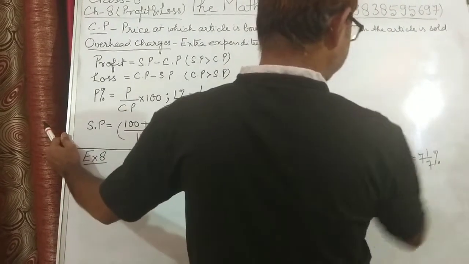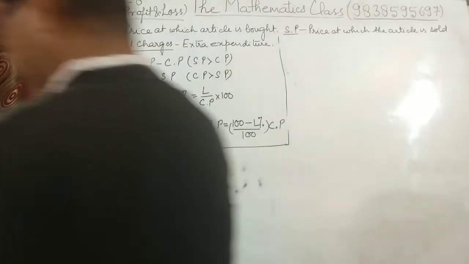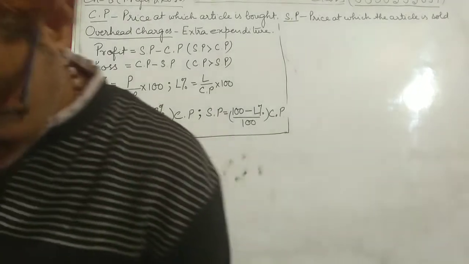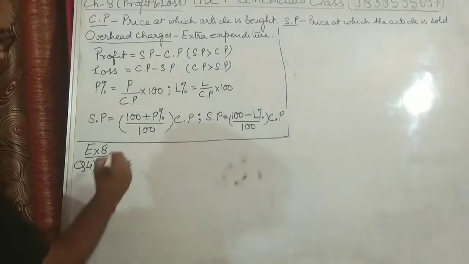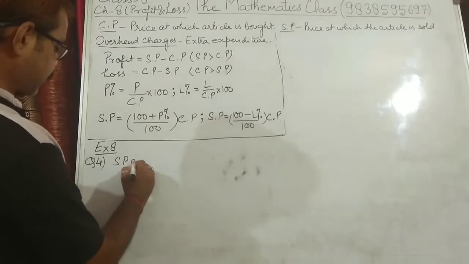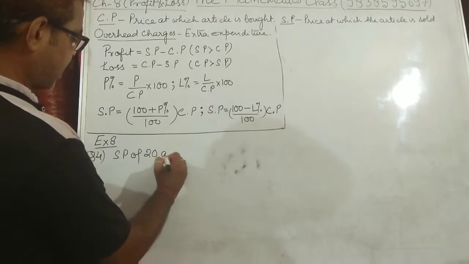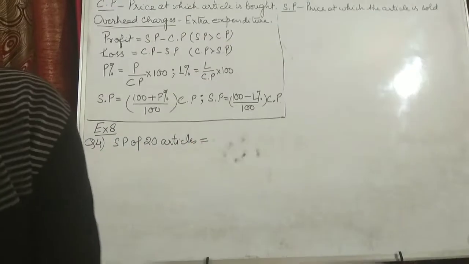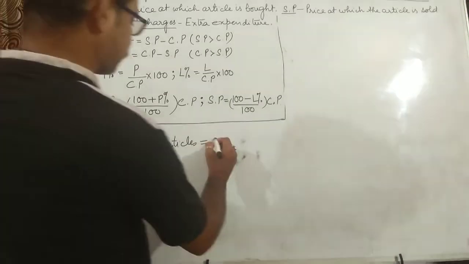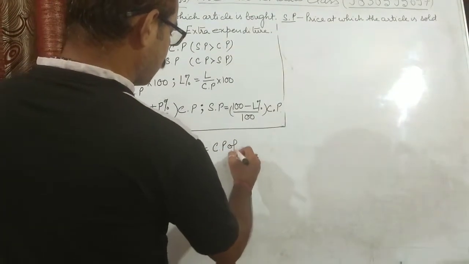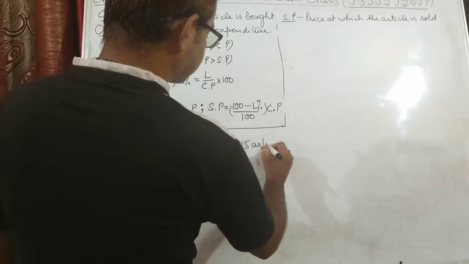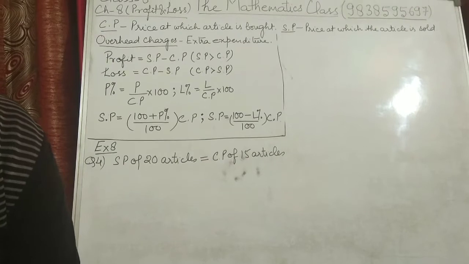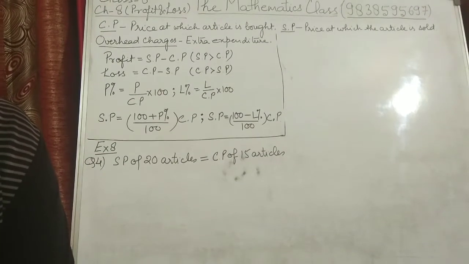Now question number 4. What is that? If selling price of 20 articles is equal to cost price of 15 articles, find the profit or what is the loss percent?